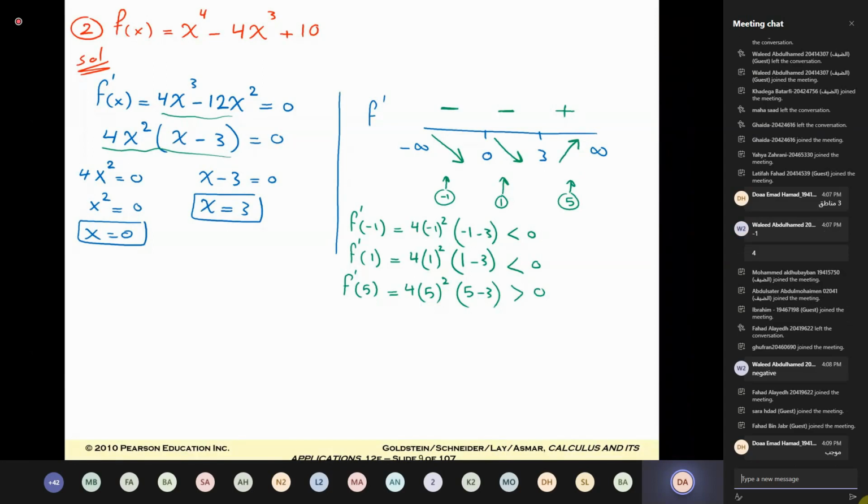Now we can conclude the intervals where f of x increases and decreases.